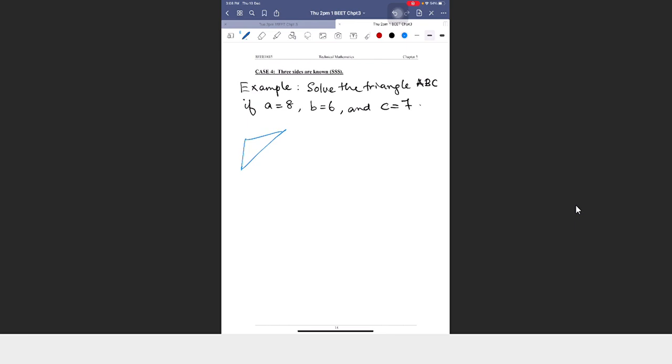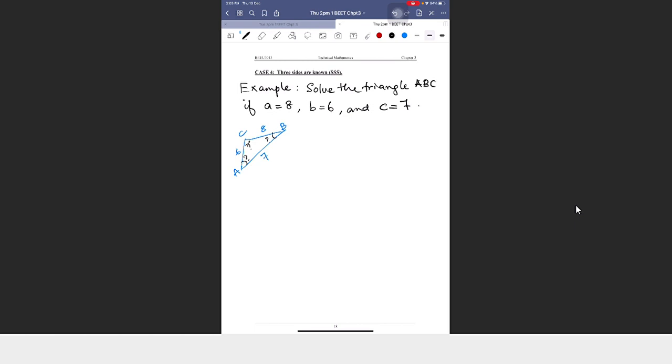All right. Let's say this is ABC again. You are given A is 8, B is 6, and C is 7. So you want to find the missing angles, which in this case is all angles, angle ABC.